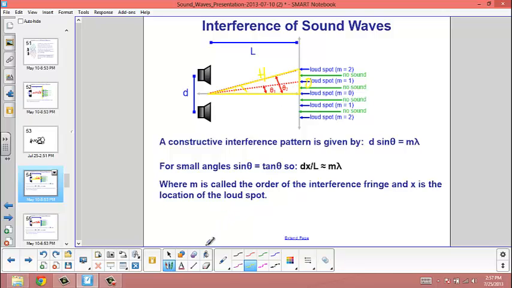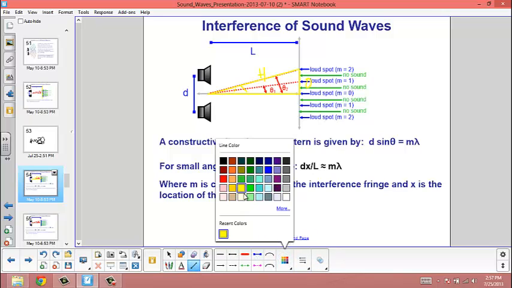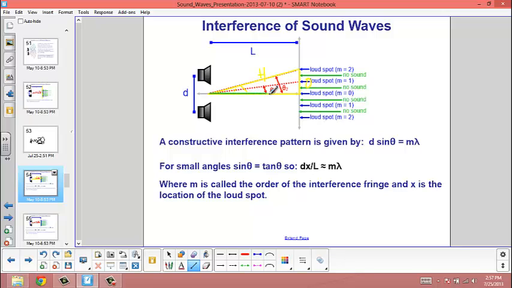Let's consider a different triangle at a lesser angle. I'm going to draw this one with, let's pick a different color. We'll use this green. If I consider this triangle, which is a much smaller angle, again we have an opposite and a hypotenuse.